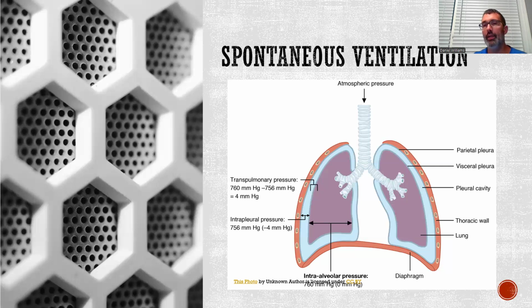As negative pressure inside the chest is generated by the downward motion of the diaphragm during spontaneous ventilation, you essentially help pull more blood into the chest, which improves venous return back to the heart.